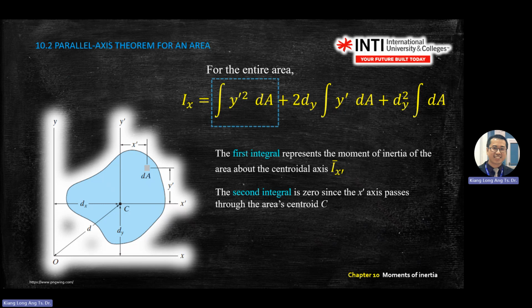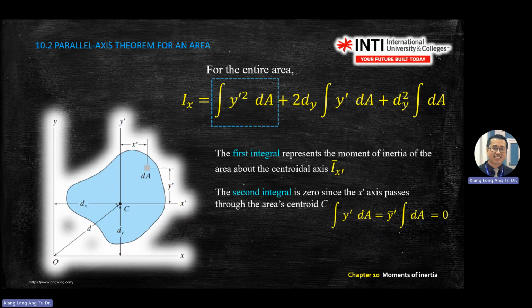So when you have an integration of your y prime here, dA, and dy is here. So dy. Okay. The second term is 0.